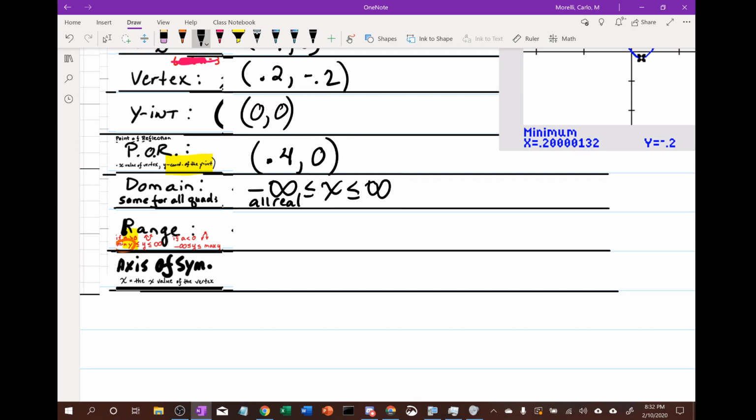What's the y value of the vertex? It's right there on the screen. Correct. Negative 0.2 less than or equal to what letter for range? What is range, Jasmine? Less than or equal to? Wait. Negative infinity?